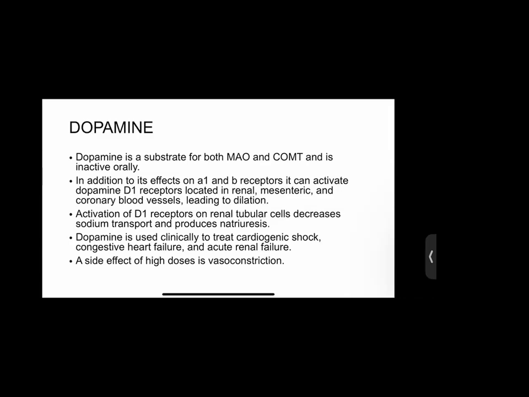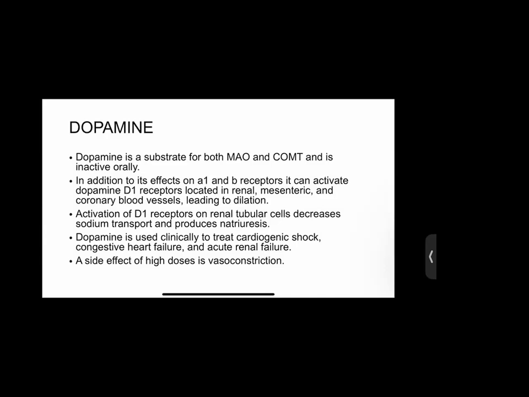In addition to its effect on alpha-1 and beta receptors, it can activate the D1 receptor located in the renal, mesenteric, and coronary blood vessels, leading to dilatation. And activation of the D1 receptor on renal tubular cells decreases sodium transport and produces natriuresis. Dopamine is used clinically to treat cardiogenic shock, congestive heart failure, and acute renal failure.